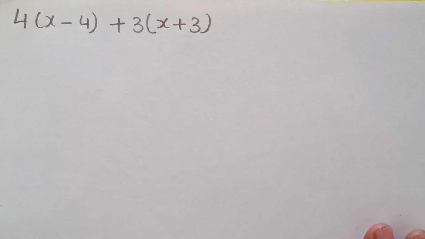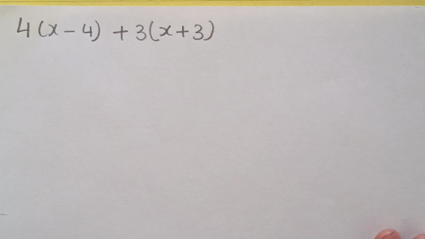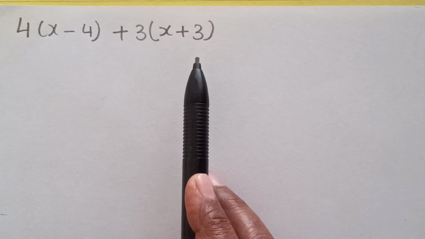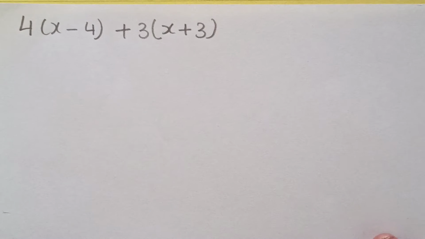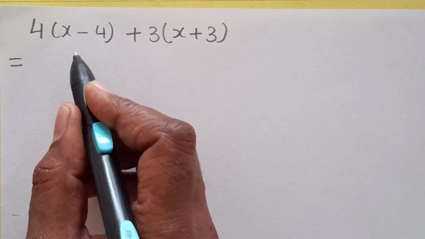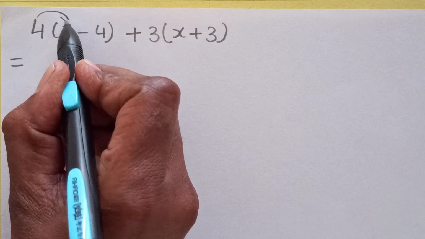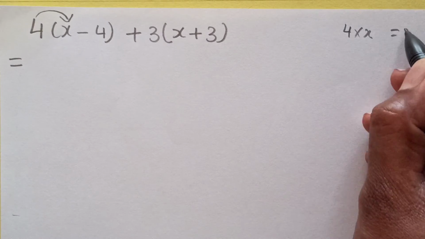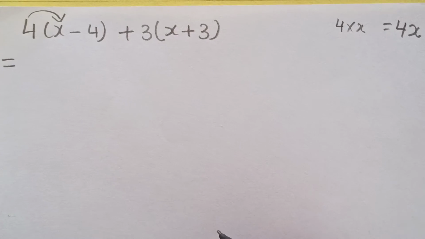Just look at this expression. You can see there are two brackets here. We will solve them together. So let's start. This 4 will be multiplied to x. 4 times x, that will be 4x.